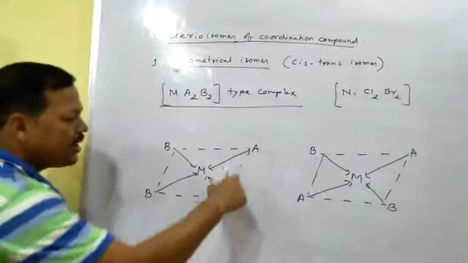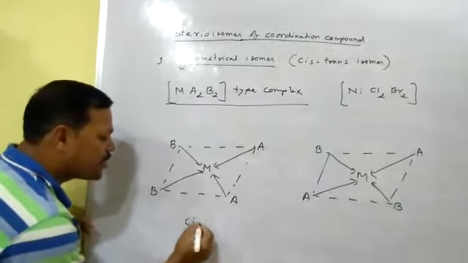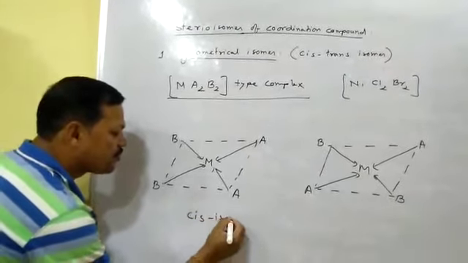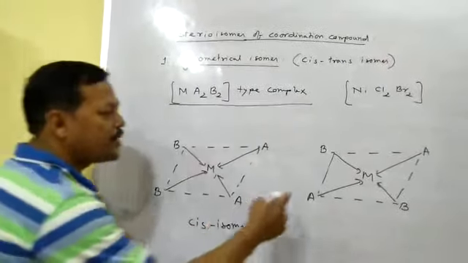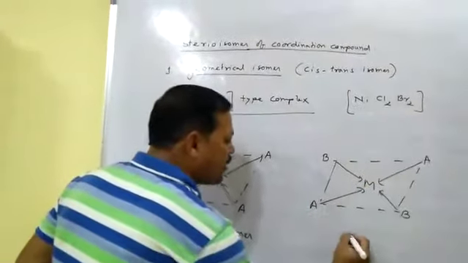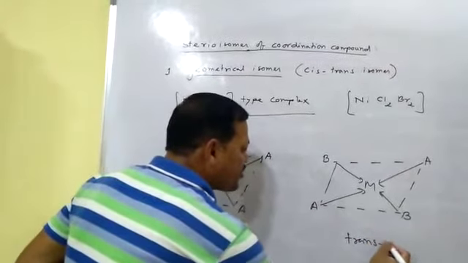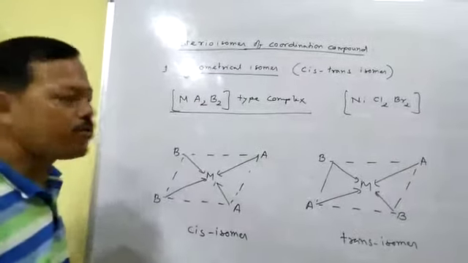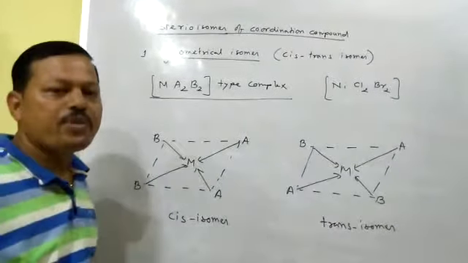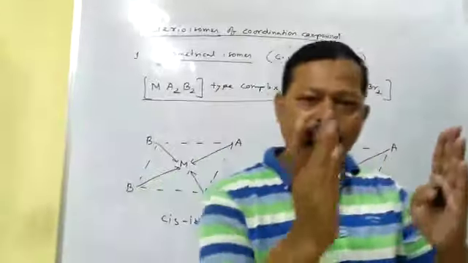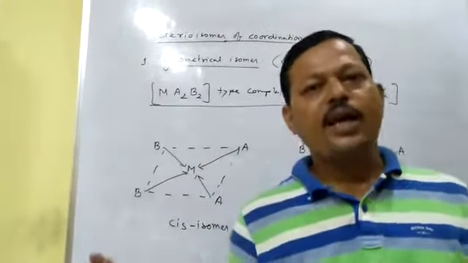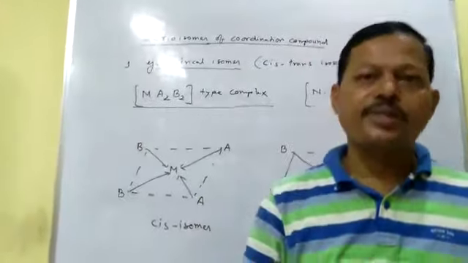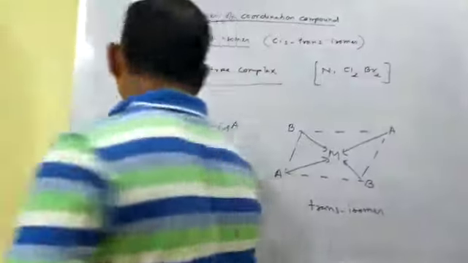If similar ligands are on the same side, then it is called cis isomer. And if similar ligands are on the opposite side, then it is called trans isomer. And that is why the geometrical isomers are also called cis-trans isomer.